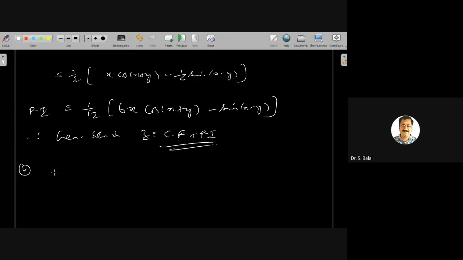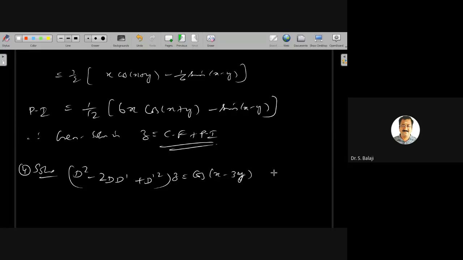The same way, I'll give the answer for this one. Solve d square minus 2dd dash plus d dash square of z equal to cos of x minus 3y.